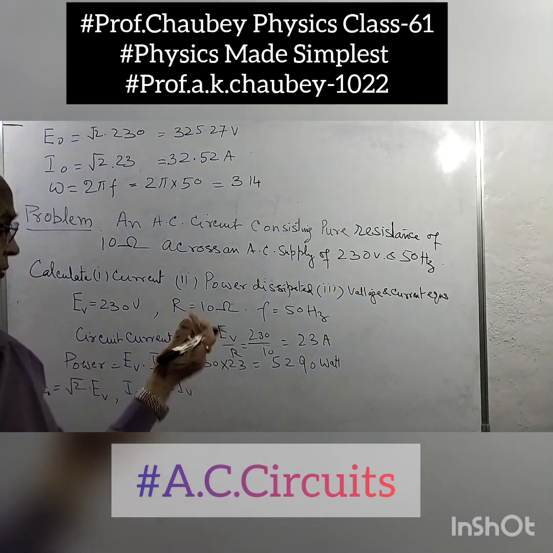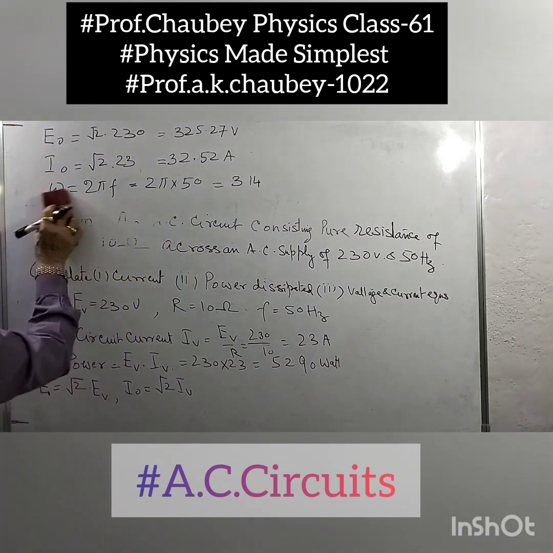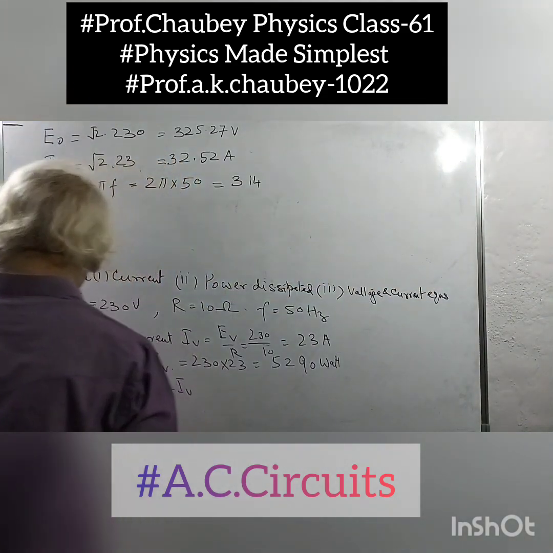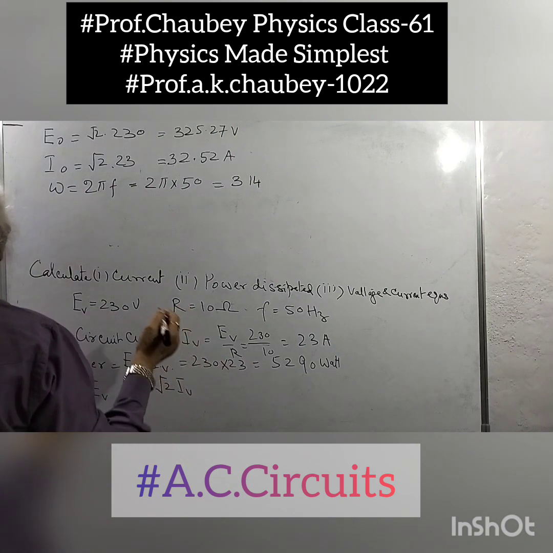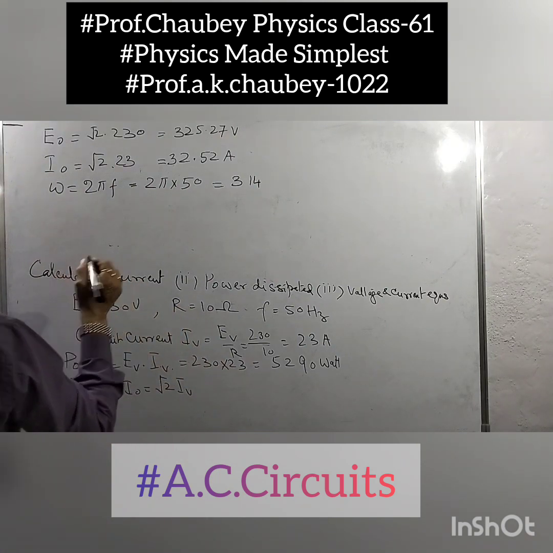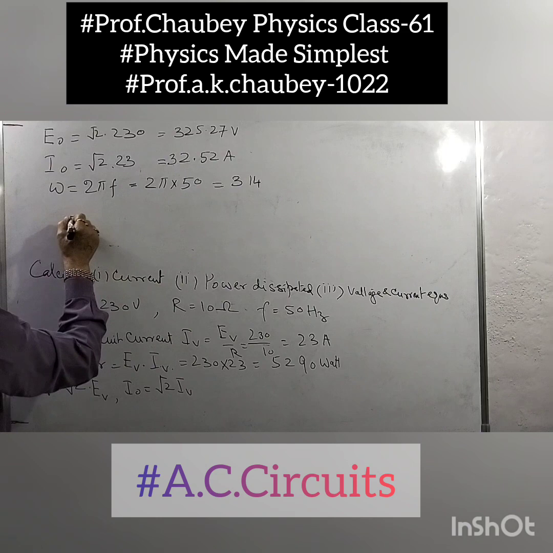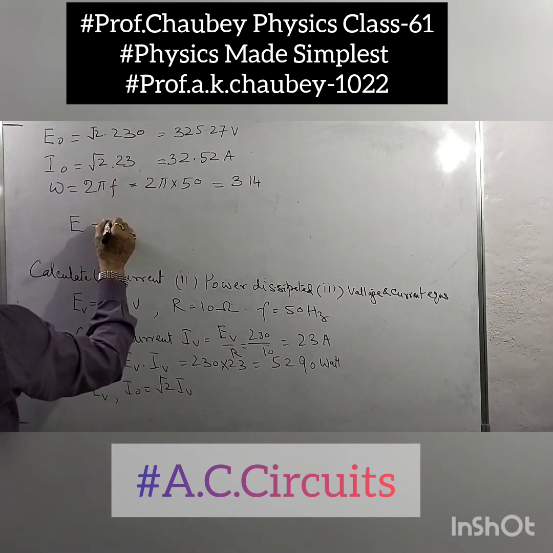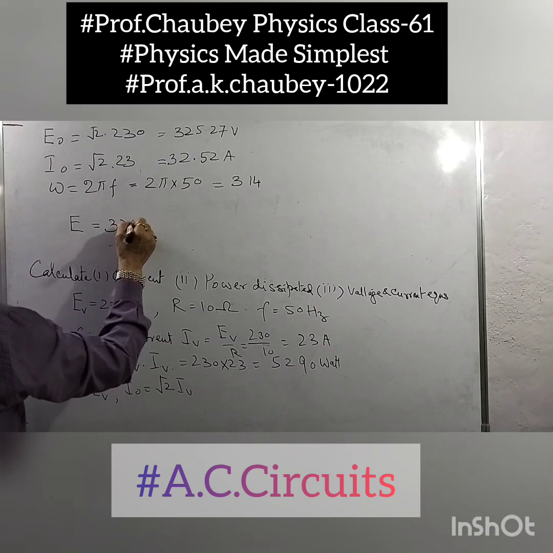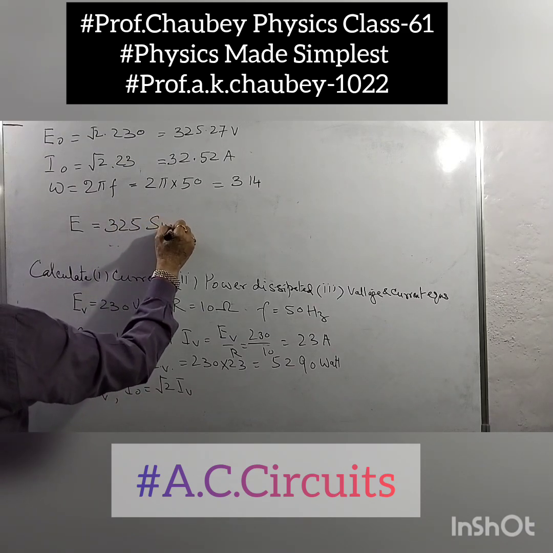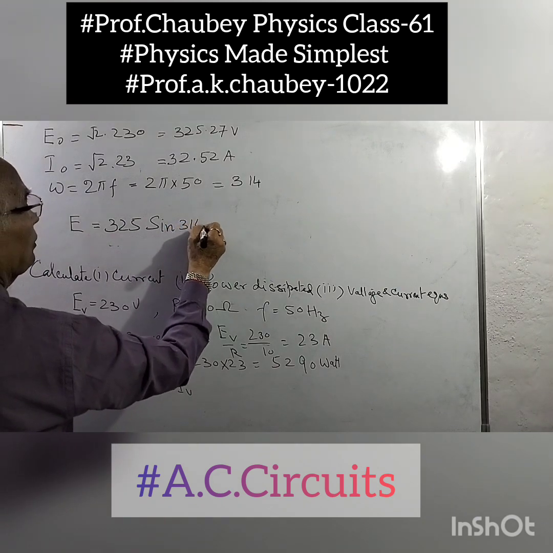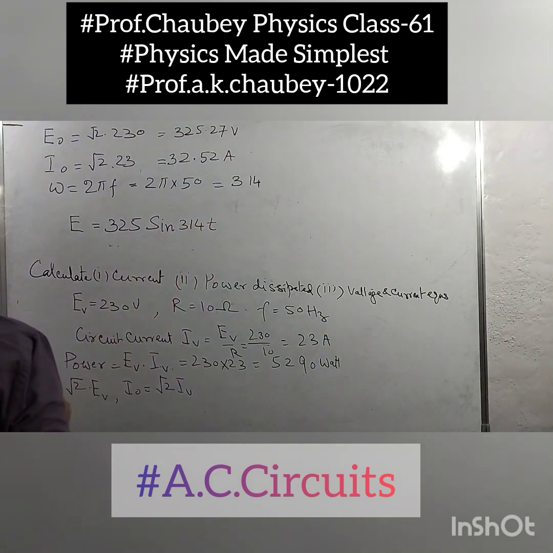Now you have asked for the voltage and current equations, so that you can write. Because I is equal to I naught sin omega t. So you can write the voltage and current equations also: E is equal to E naught, 325, sin omega t, omega is 314 into t.